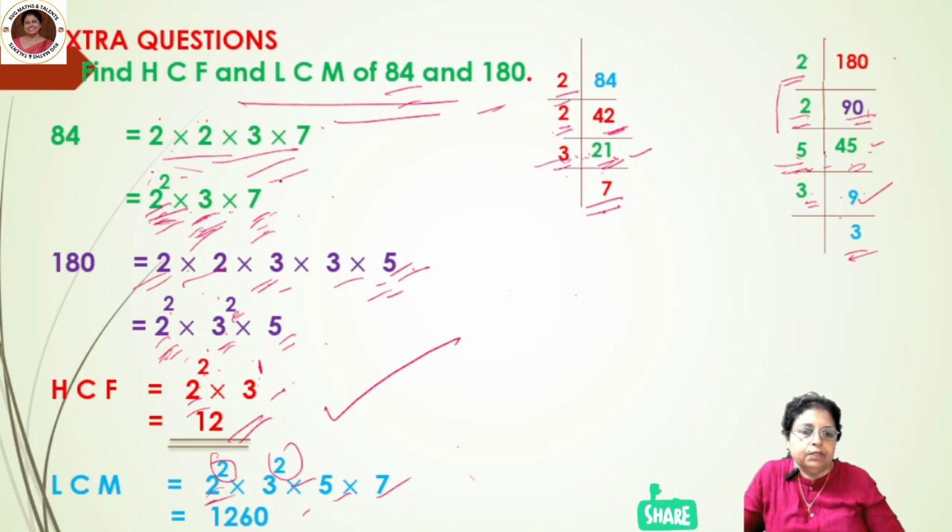Then 5, here it is 1, here it is 0. 5 is not here, that means 5 raised to 0, so it is 1. So 5 raised to 1, and 7, here highest power is 1, 7 raised to 1. So this is 4 times 9 times 5 times 7. That is 1260. That's the LCM. So we got HCF and LCM of 84 and 180. You got it?